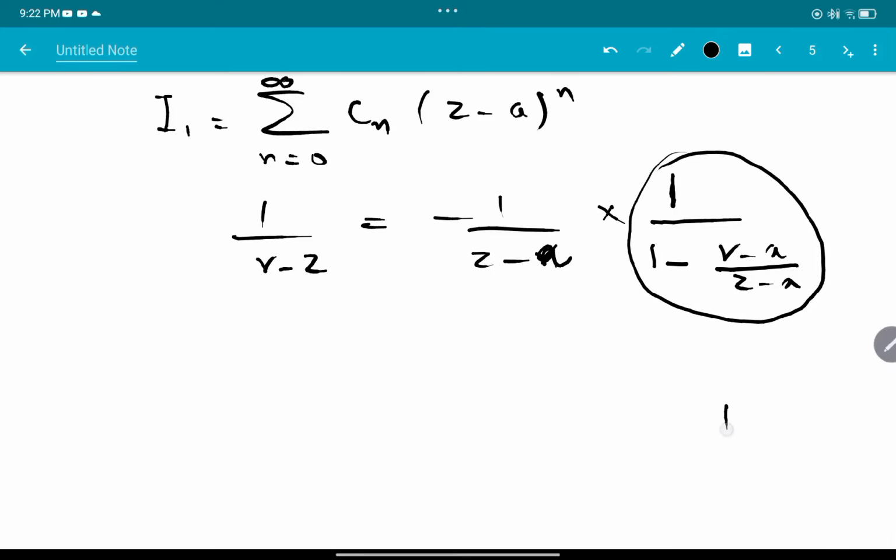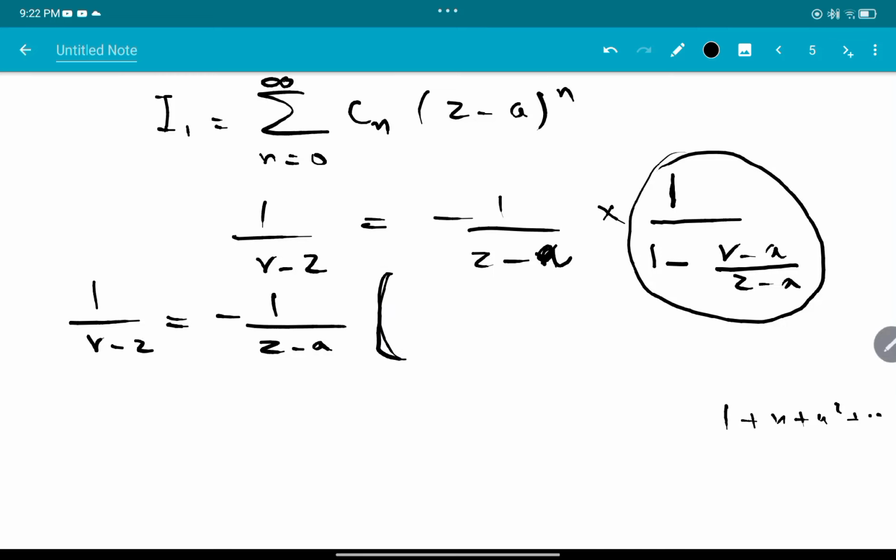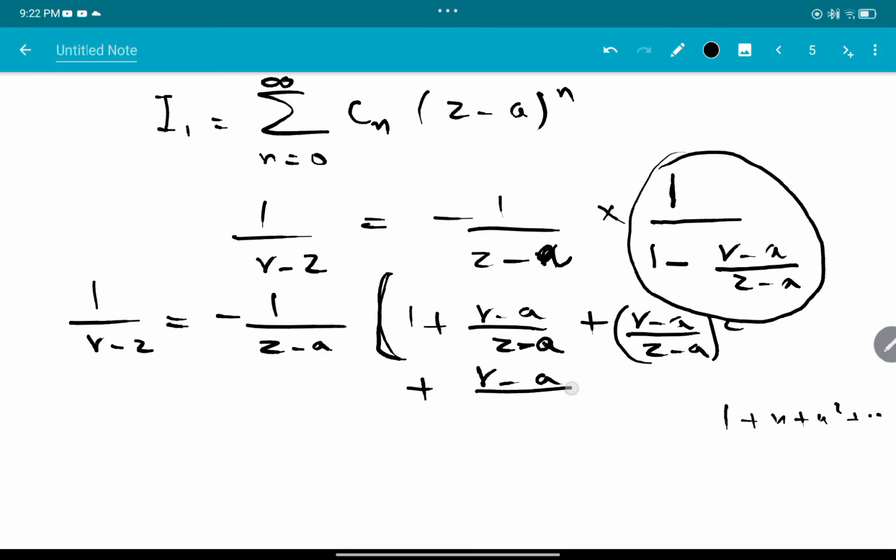I have to write in its place 1 plus x plus x square plus dash, while x is this. So 1 by gamma minus Z is equal to minus 1 by Z minus A into 1 plus gamma minus A divided by Z minus A, plus gamma minus A divided by Z minus A whole square, plus gamma minus A divided by Z minus A whole cube, plus dash dash dash.